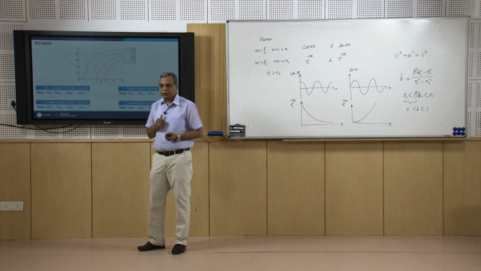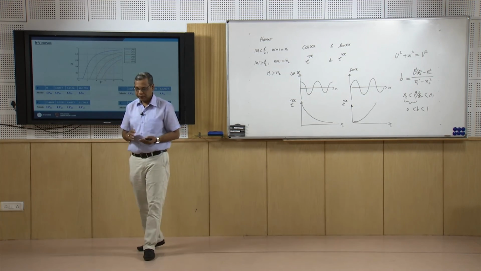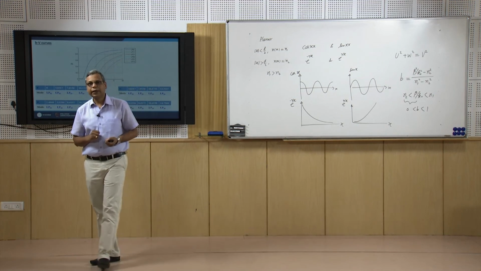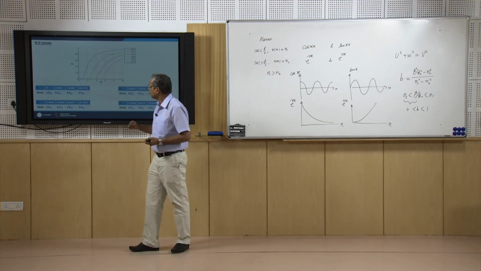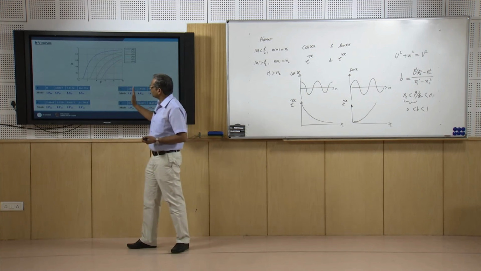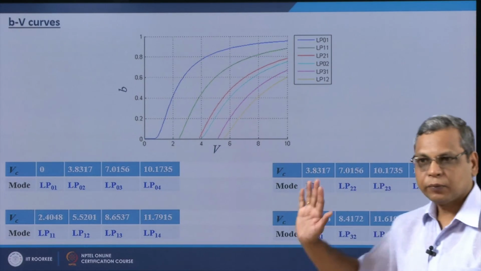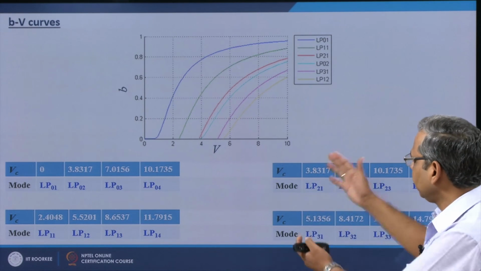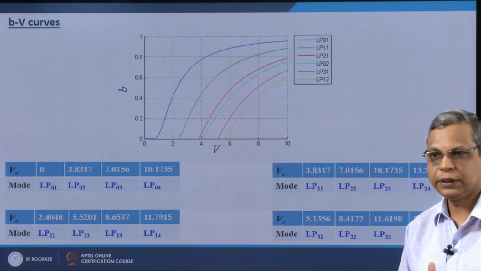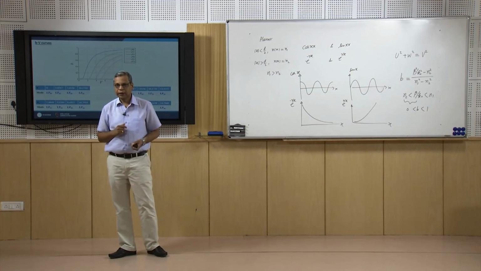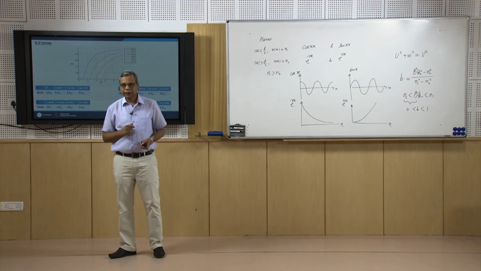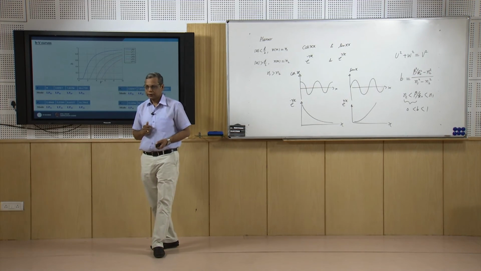Here, if I have a fiber and wavelength, I calculate the value of V and then find out what modes are guided and what modes are cut off, looking into these numbers, and only then shall I be able to find out the number of modes.